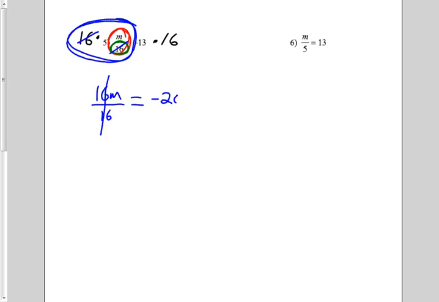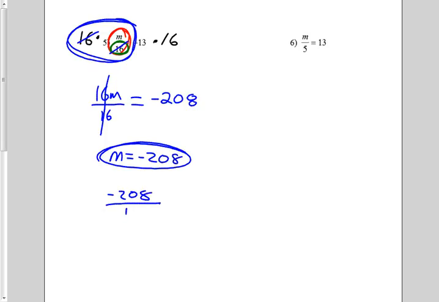Because these are already canceled out, there's my solution. And I can check, is negative 208 divided by 16 equal to negative 13? Well, as I plug it in, it is indeed true. So I know negative 208 is my answer.